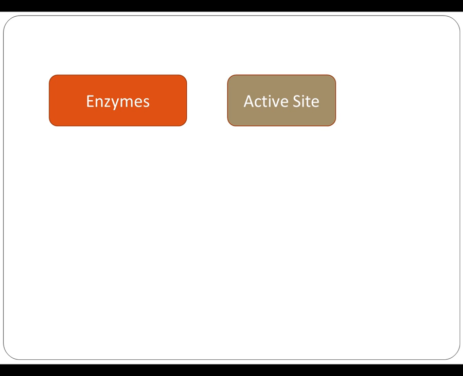Whether it's a catabolic or an anabolic reaction, that's where the combining of the reactants works to produce the products. If we look at a chemical reaction, our reactants are converted into our product. So the active site is the location of the enzyme where the reactants are converted into the products.